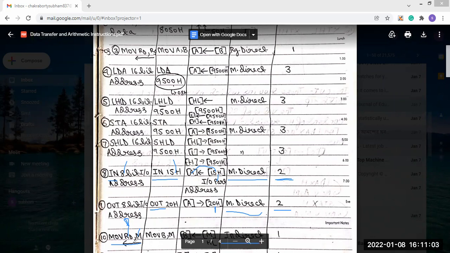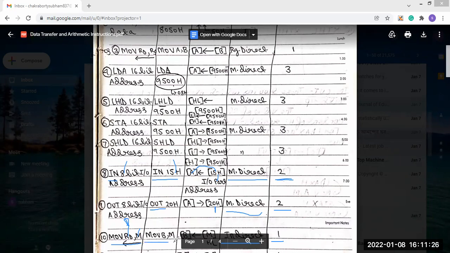And here you see no address is there, no 16-bit data, no 8-bit data, so no numerical value. If no numerical value is present, the length of the instruction will be 1.